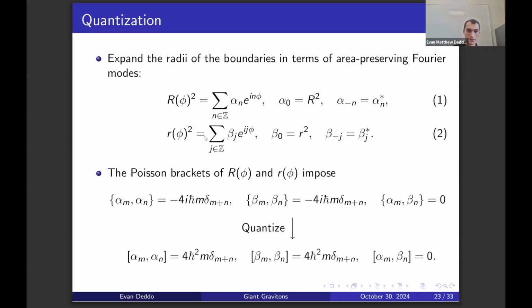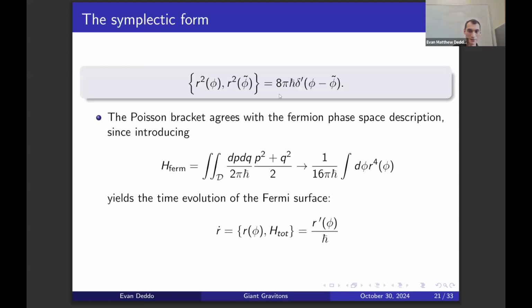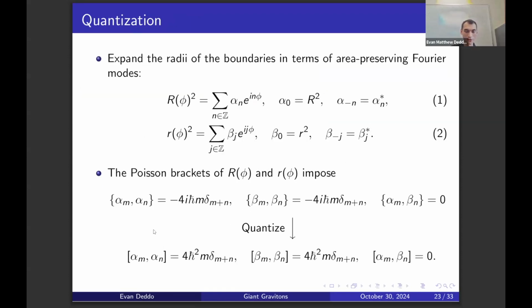So if we plug in these mode expansions of capital R and little r into the Poisson brackets here, we get the following relation: the Poisson brackets of these alpha and beta oscillators do not talk to each other, and the alphas have a relation that looks like the usual oscillator commutation relation, and the same thing for the betas.